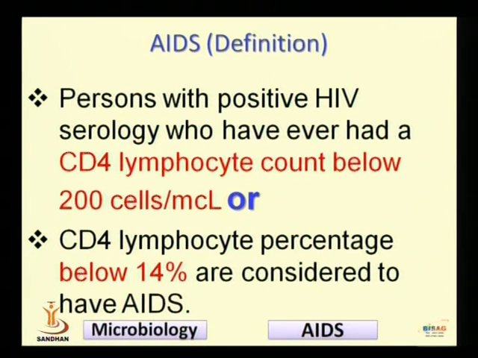Count of what? Count of CD4 cells, helper T cells. Or, the CD4 lymphocyte percentage, if you consider it as a percentile value, has reduced below 14%. Under these conditions, either CD4 count less than 200 or below 14%, that person is considered to have a condition which we call AIDS.